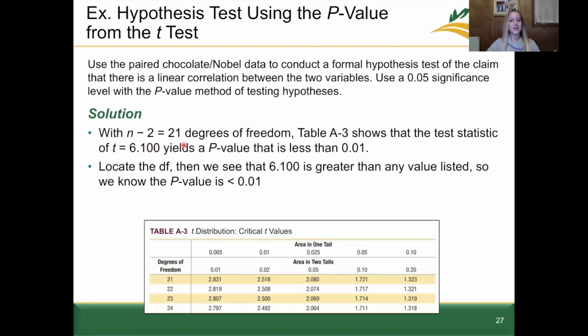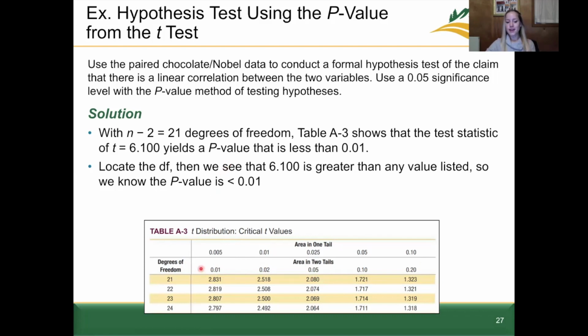Remembering our definition of a p-value, it's the area in one or two tails that declares whether we have significance or not. To continue talking about the setup of this table, these values up here are actually our p-values. The values in the bulk of the table are where we'd locate our t-test statistic.